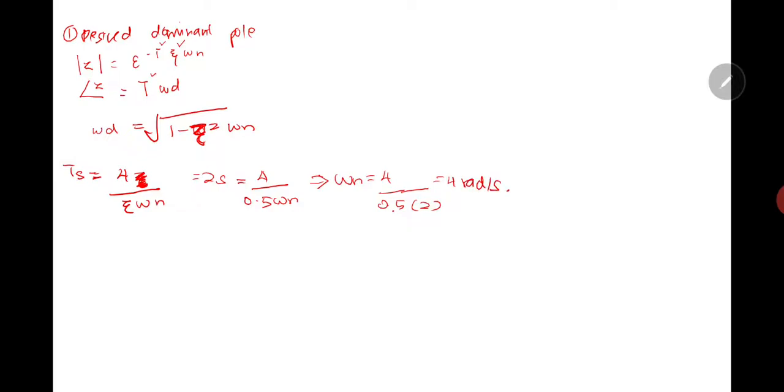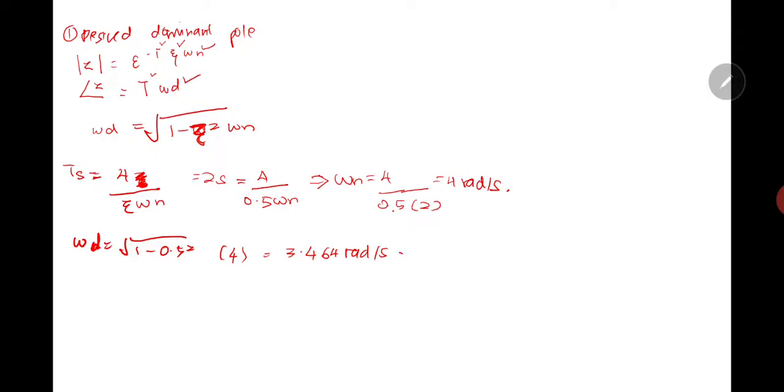Now we are left only with omega d. So omega d equals square root of 1 minus zeta squared multiplied by omega n, which is 4, so 3.464 radian per second. So we have omega d already.